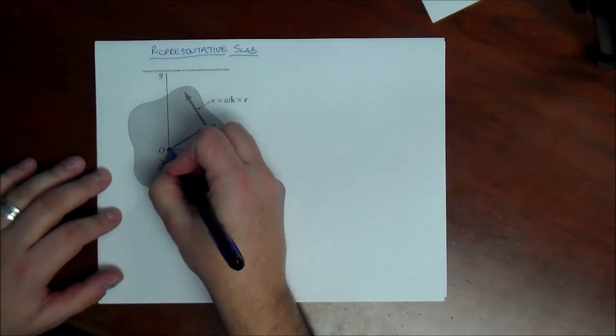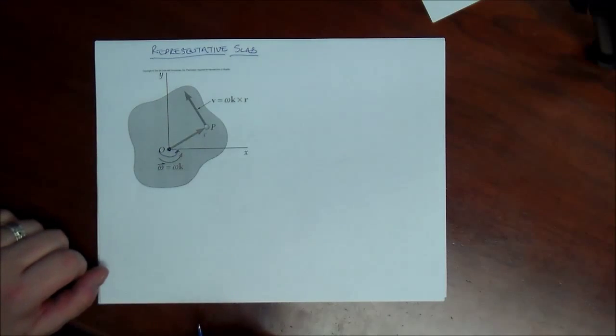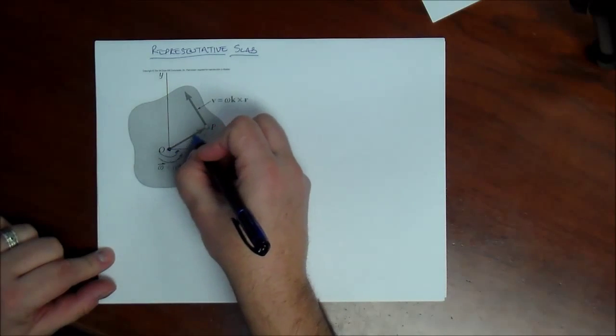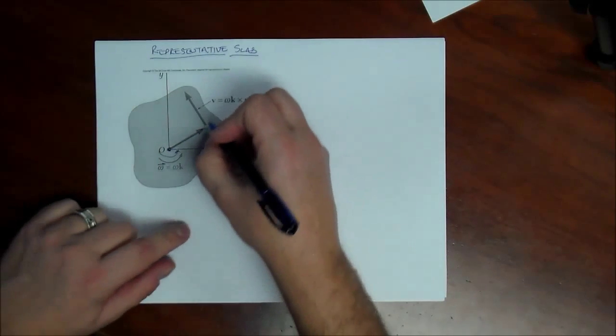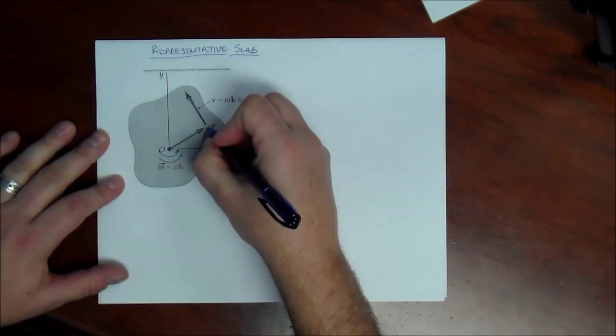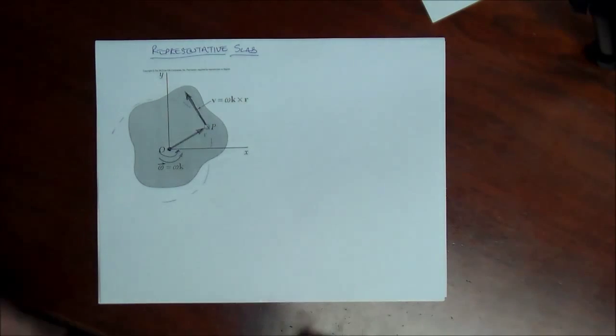This point is fixed, it doesn't move on the rigid body, and it all rotates about this point in that direction. So here's the point P that we're interested in, here's the position vector of that, and here's the velocity, which is perpendicular, because this point is moving in a circular path like that, just like the circular motion that we saw for particles.